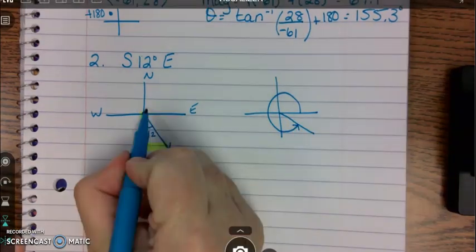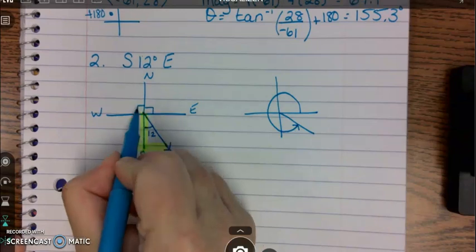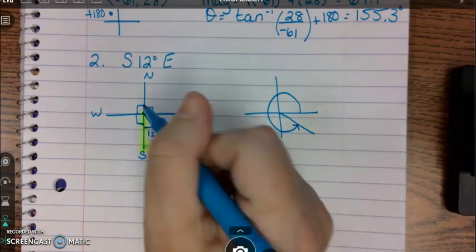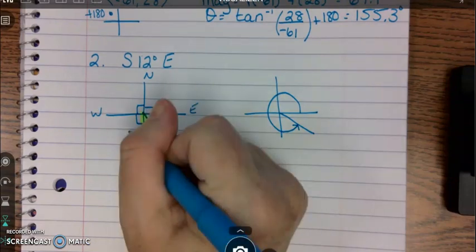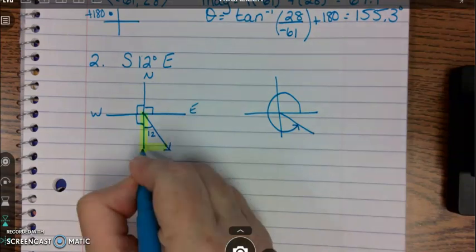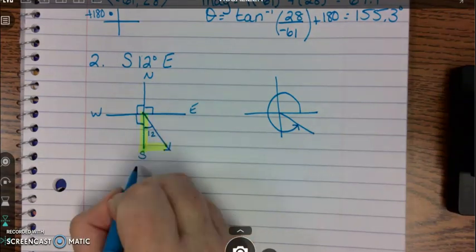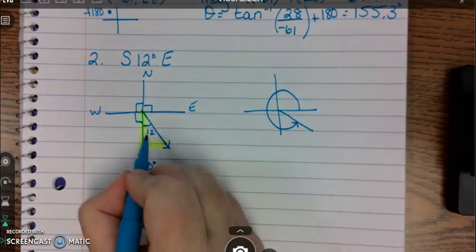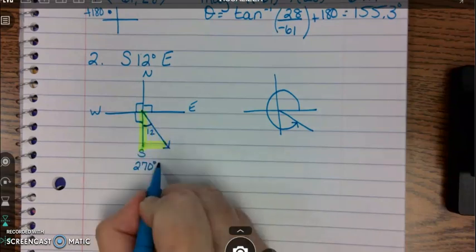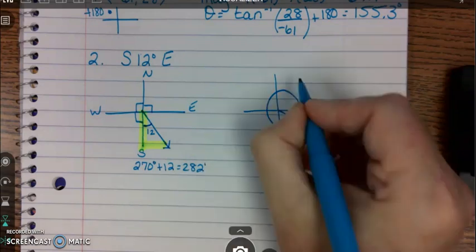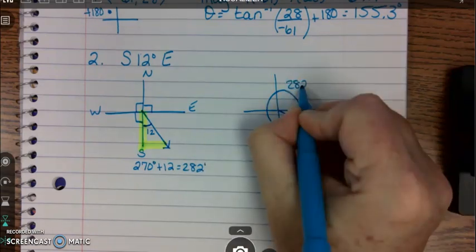Every quadrant is 90 degrees, so you can do 90, 90, 90. Or if you look at the unit circle, the y-axis, where south is located, is 270 degrees, plus this little bit, so we add 12. And we get 282 degrees.